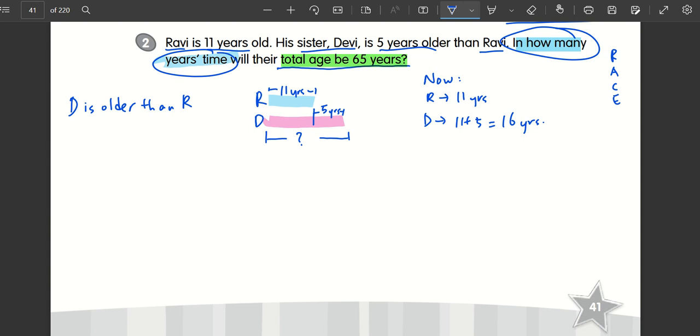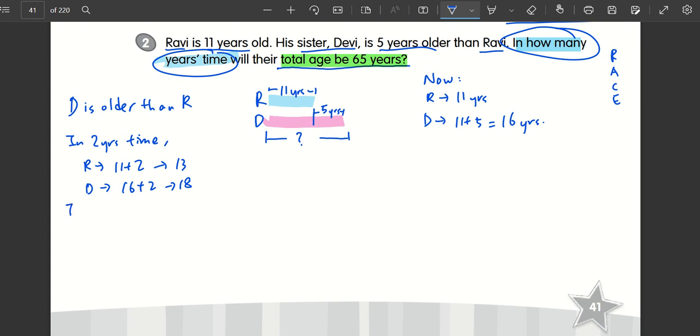Let's say in 2 years' time, Ravi will become 11 plus 2, and Devi will become 16 plus 2. That gets 13 and 18. Added together you have 31, so that's not correct.